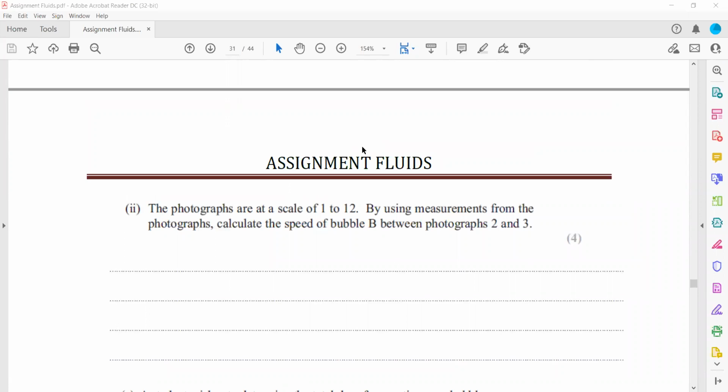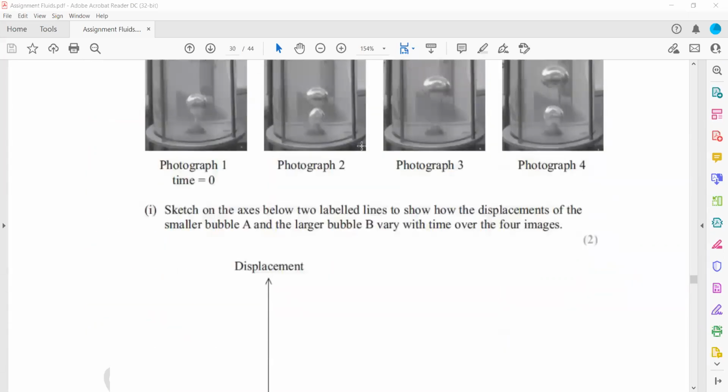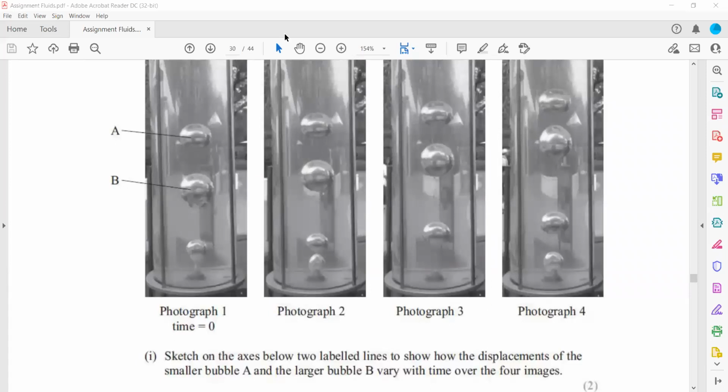Calculate the speed of bubble B from photograph 2 to photograph 3. When you're measuring, you should take the same point. If I take the bottom of the bubble in the first photograph, then for the third image I should also take the bottom. So this will be the displacement.